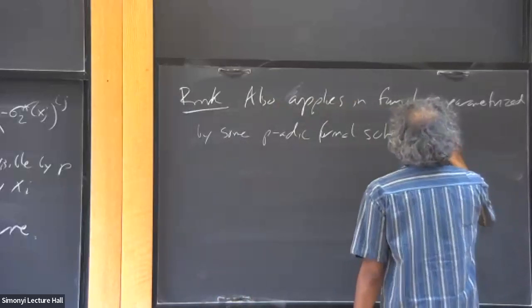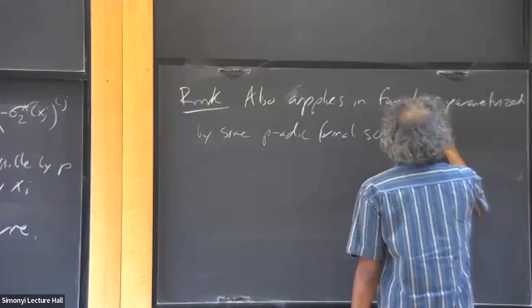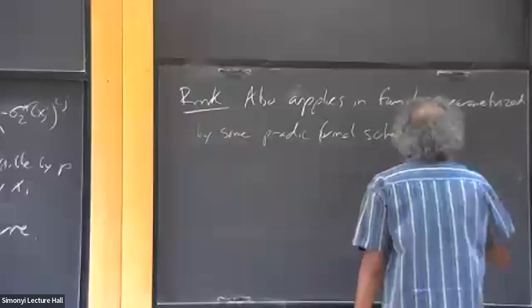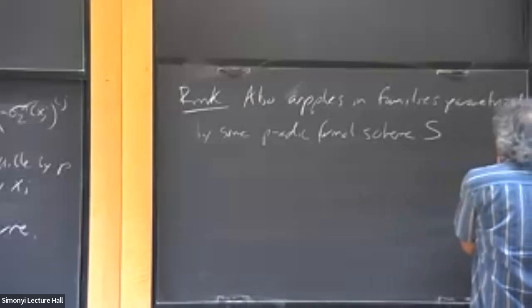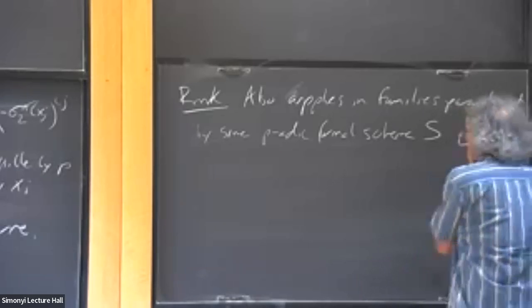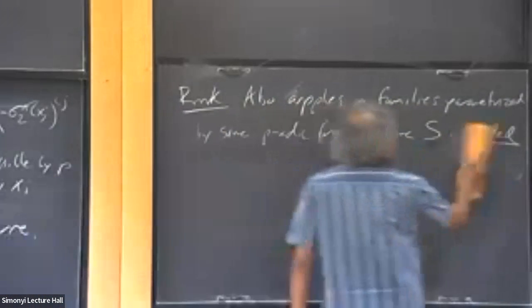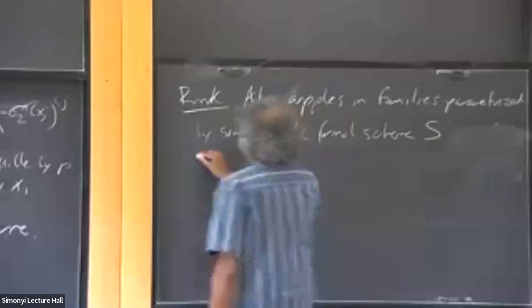Now I have to write another layer. Let me just call it S and not try to write it in fraktur. But there is a catch. Well, I just have to notice one thing.